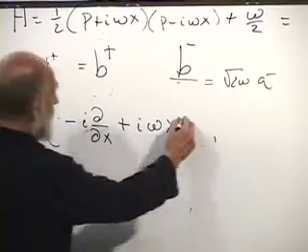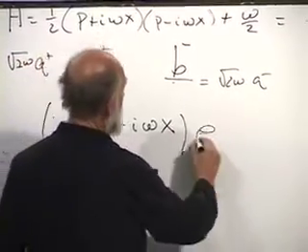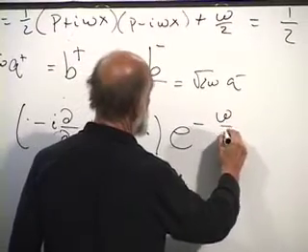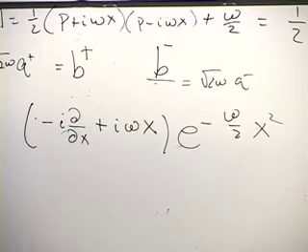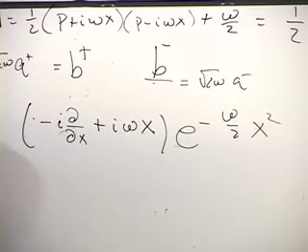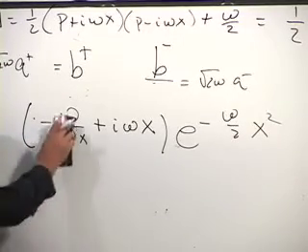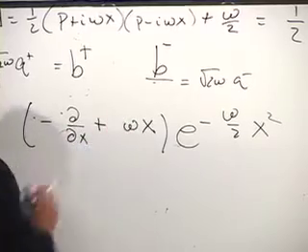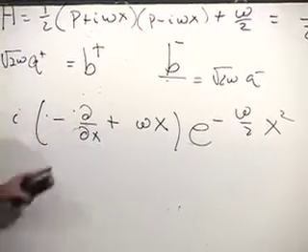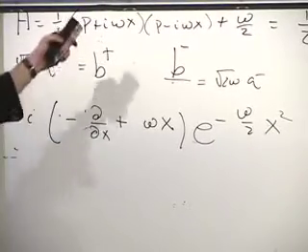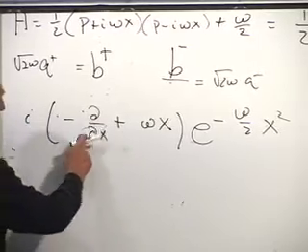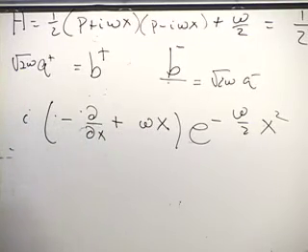Now, hit that with e to the minus omega over 2 x squared. What do we get? Let's first take out the factor of i. Minus d by dx gives us a factor of omega x, and omega gives us omega x.